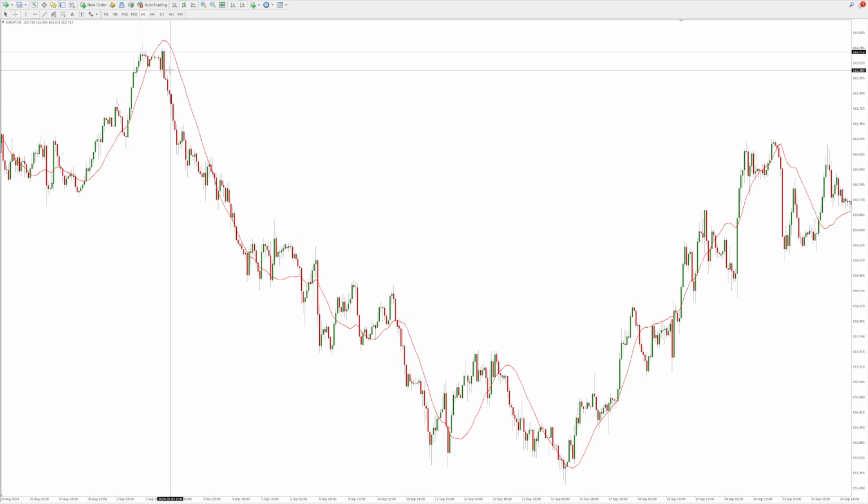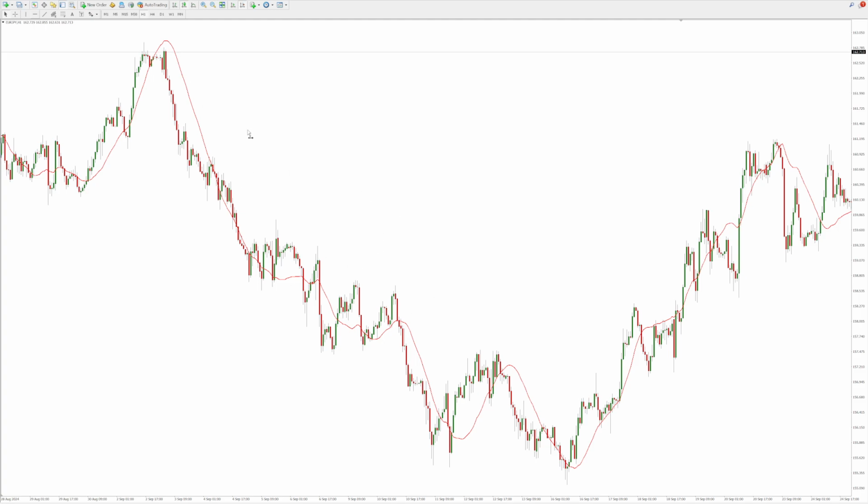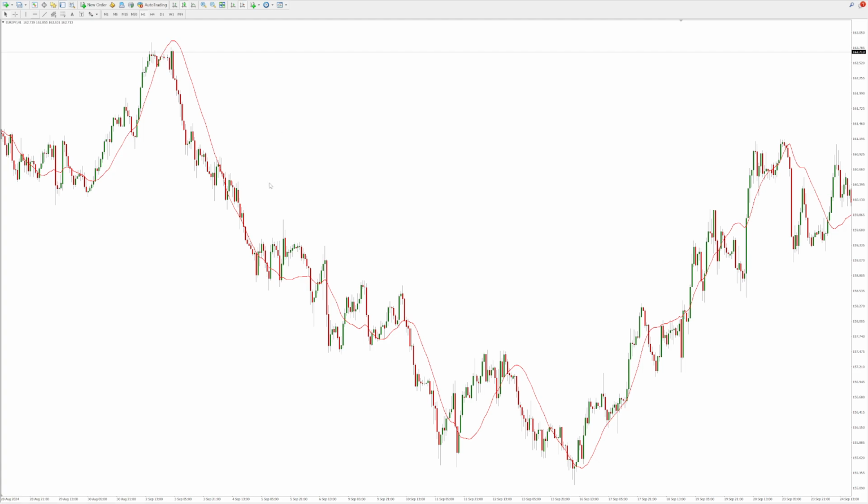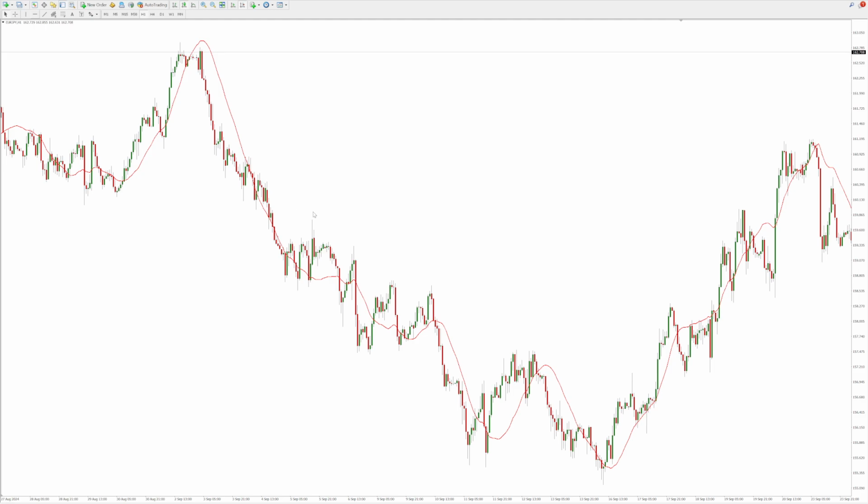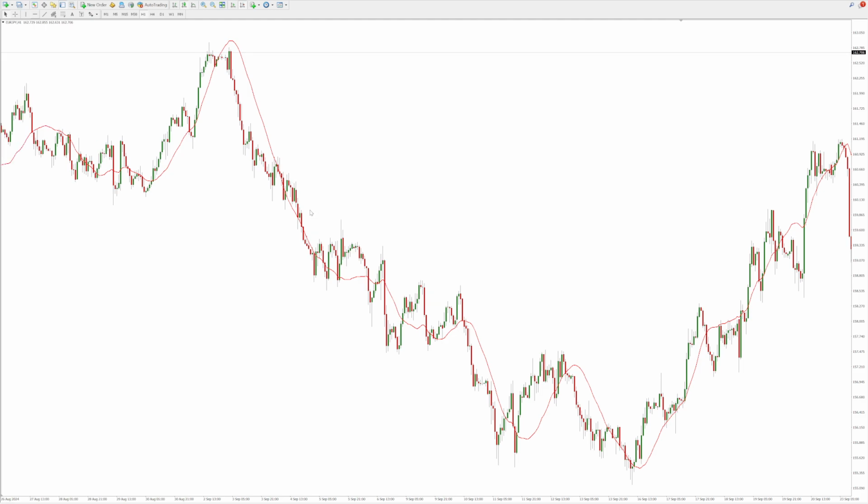I mean, when you've got moves like this for several hundred pips, why would I want to be battling with the 1 minute or 5 minute, even 15-minute charts trying to catch moves like that, when I can just spend less time chart watching and potentially still catch some big moves? So that being said, this indicator can be good for identifying the trend direction.